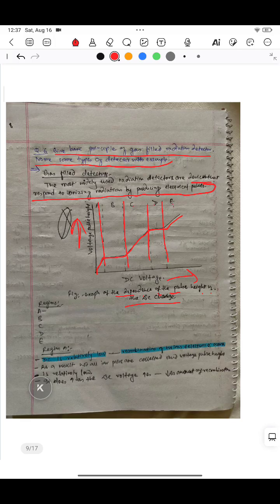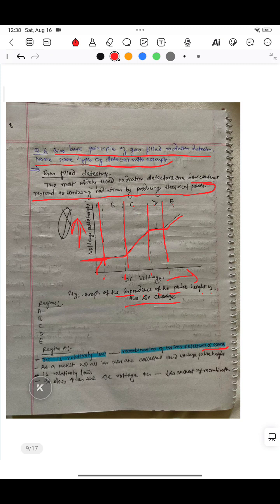So region A, where the DC voltage is relatively low. So recombination of positive ions and electrons occurs. As a result, not all ion pairs are collected and the voltage pulse height is relatively low, as you can see up to here only.